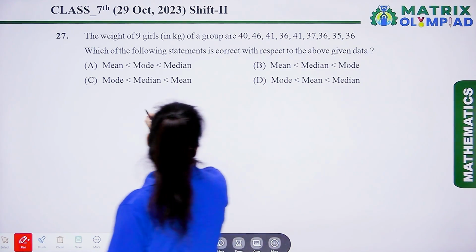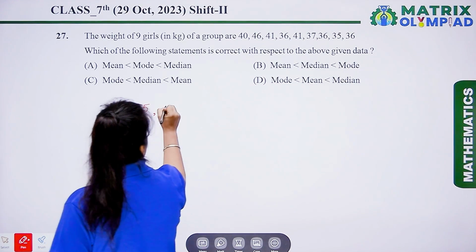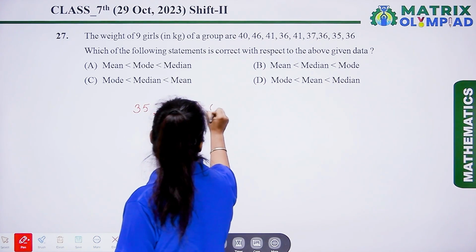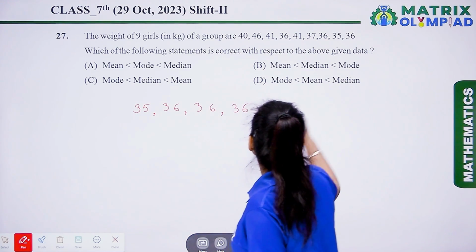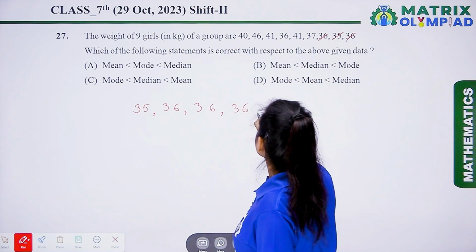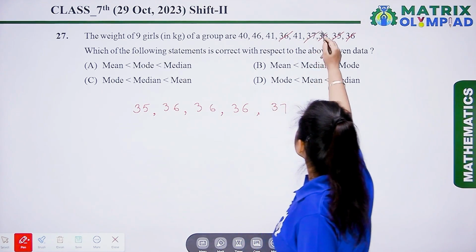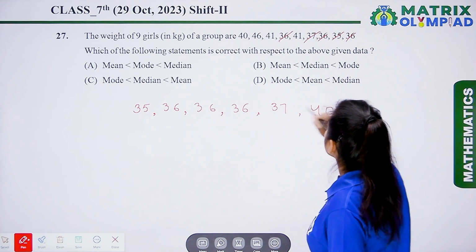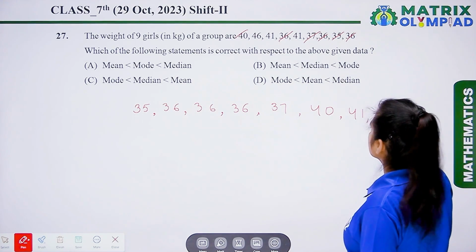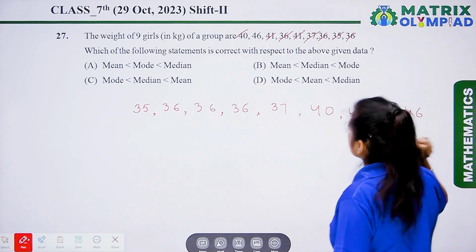After arranging the data in ascending order, we get 35, 36, 36, 36, then 37, next 40, then 41, 41, and the last one is 46.